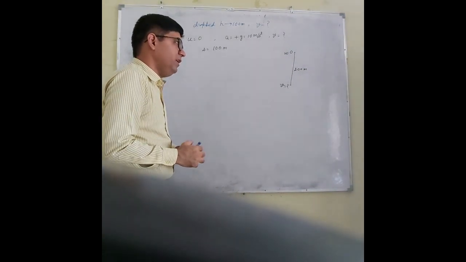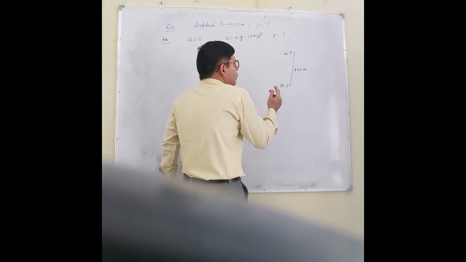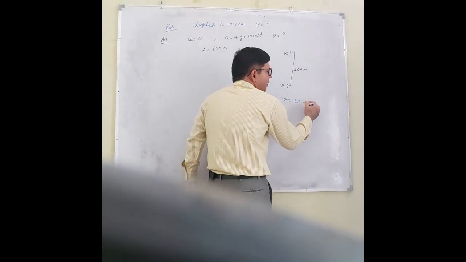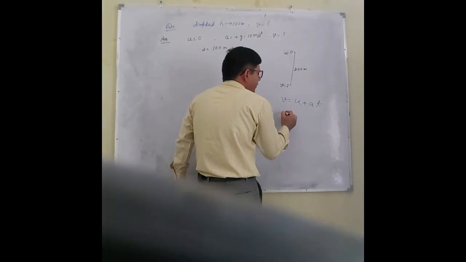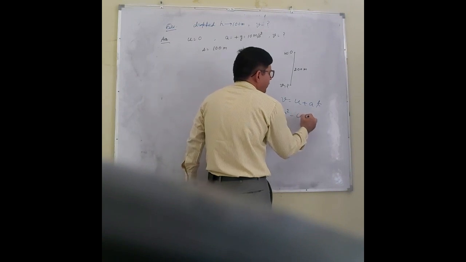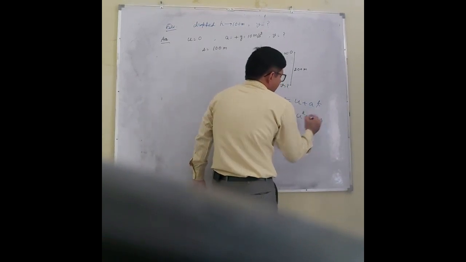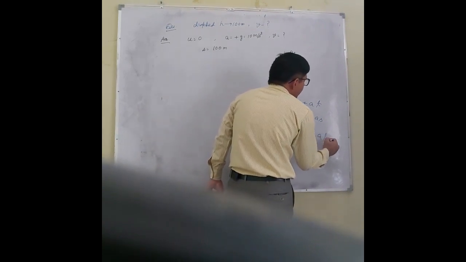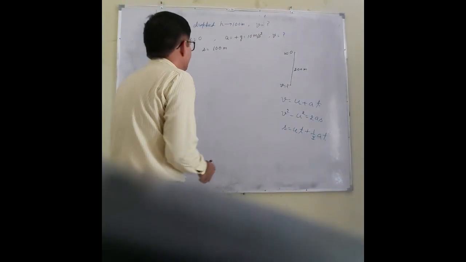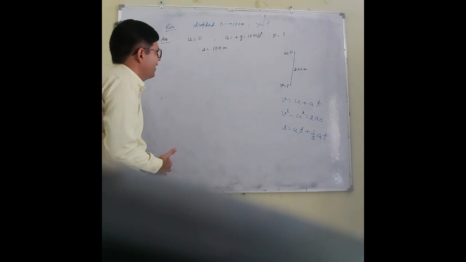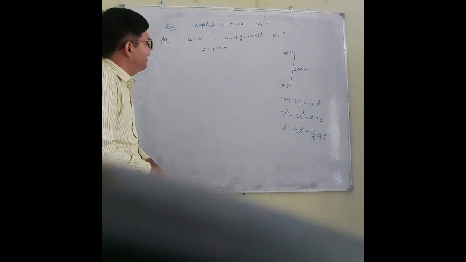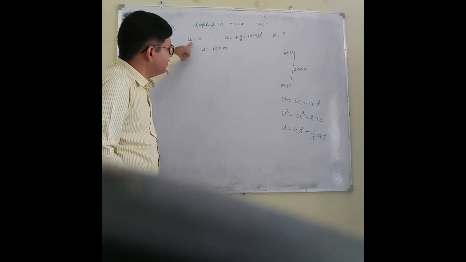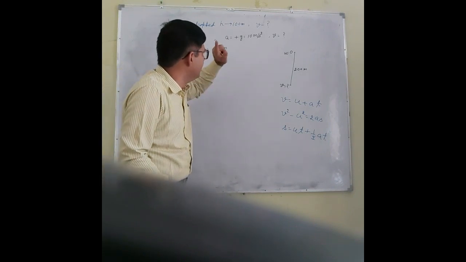Now, listen everyone. To do such questions, write all three equations of motion. v equals u plus at, v square minus u square equals 2as, s equals ut plus half at square. Let's check it out. Can you tell me where all these four physical quantities u, a, v, s I can find?